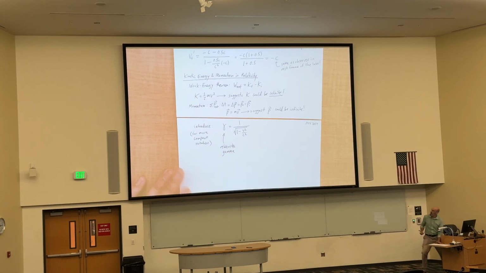So this is relativistic gamma, the lowercase gamma. v in this case is the speed of some particle, and c is the speed of light in a vacuum, as usual.